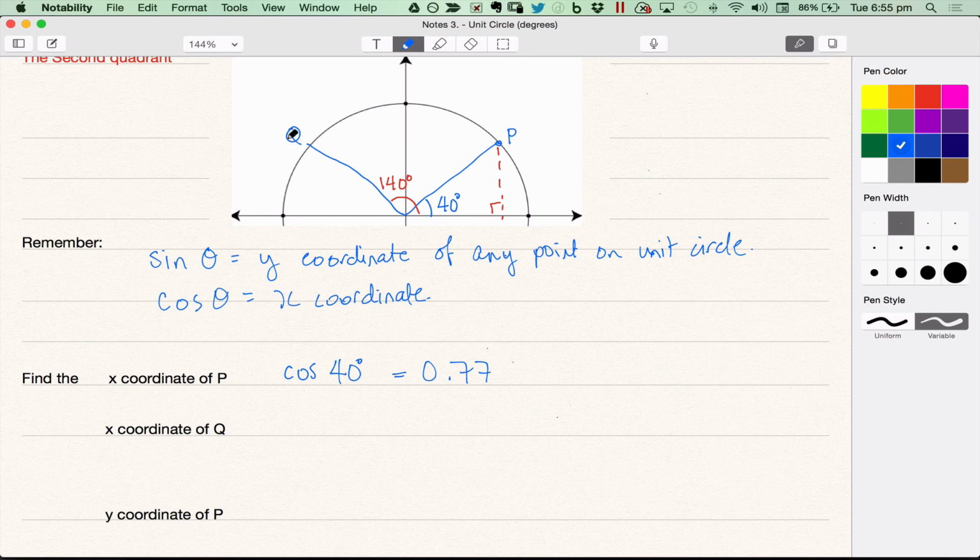The x-coordinate of Q over here is going to be cos of 140, which using your calculator is negative 0.77.